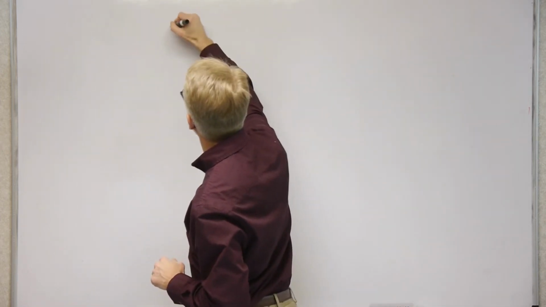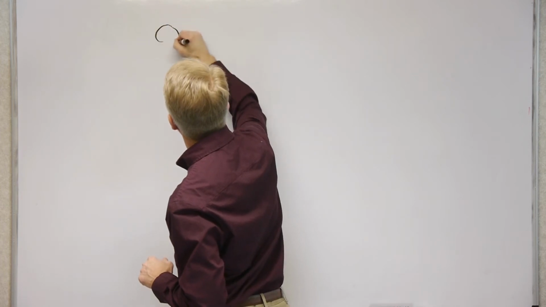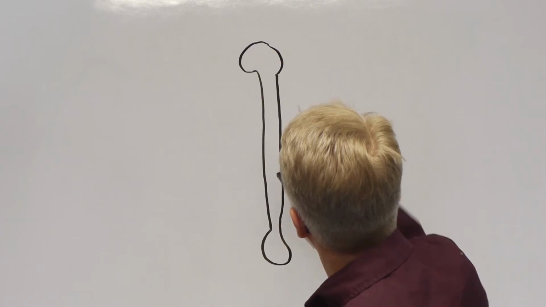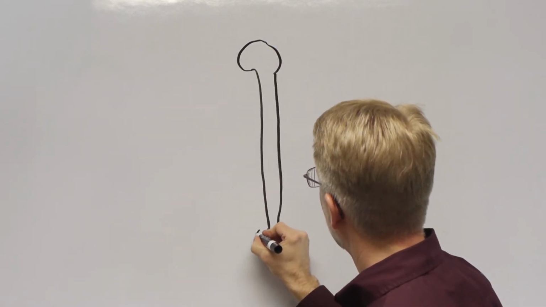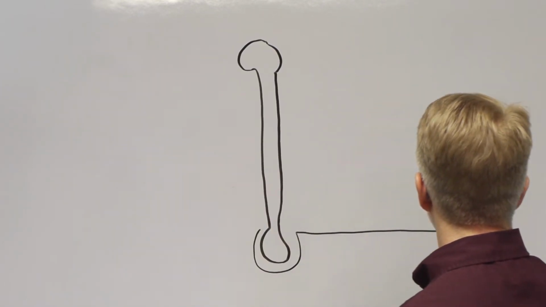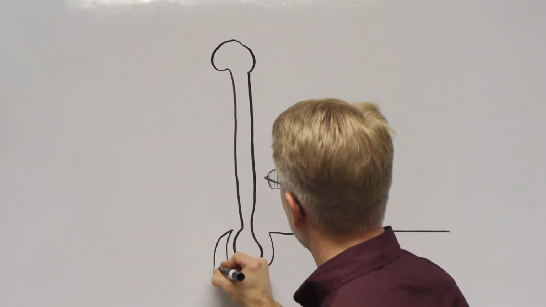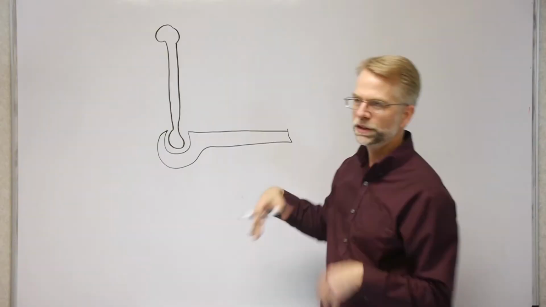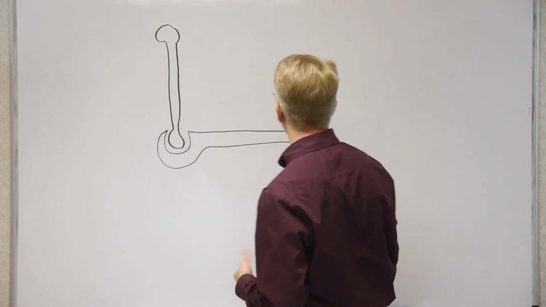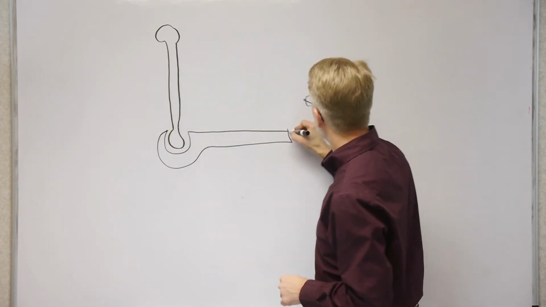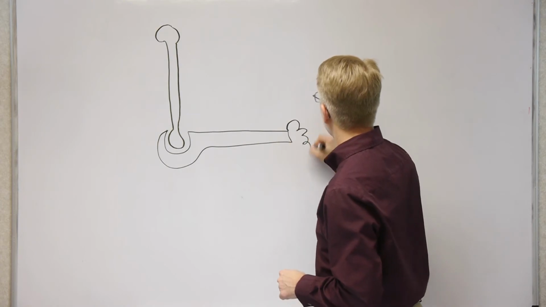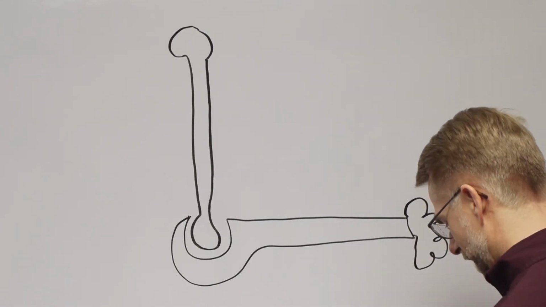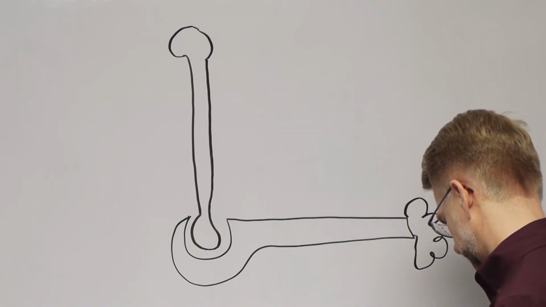First up here we have a humerus, and down here we're going to have the ulna. And actually I think we'll just look at that as the forearm, ulna and radius together. And then over here we have the hand, expertly drawn.